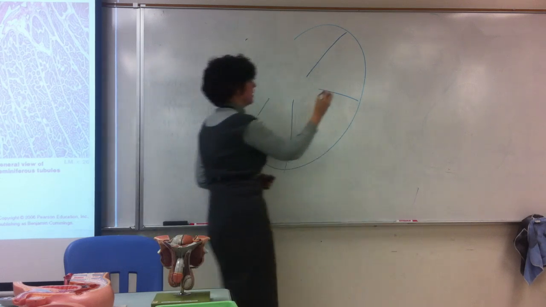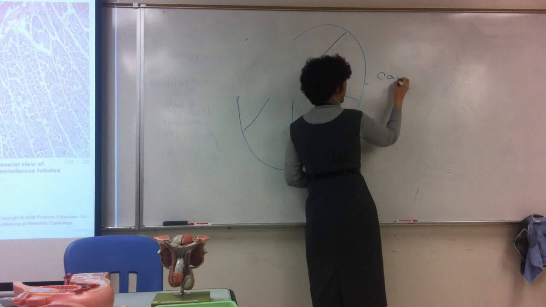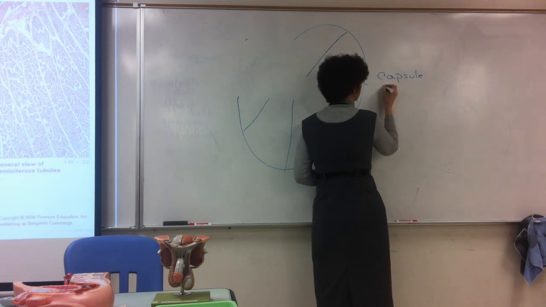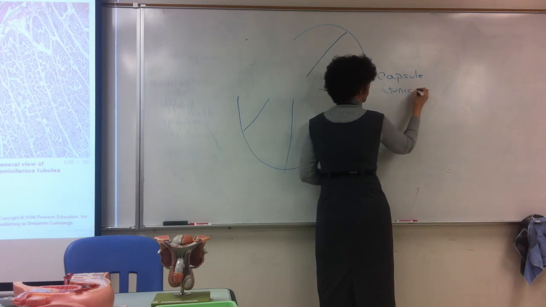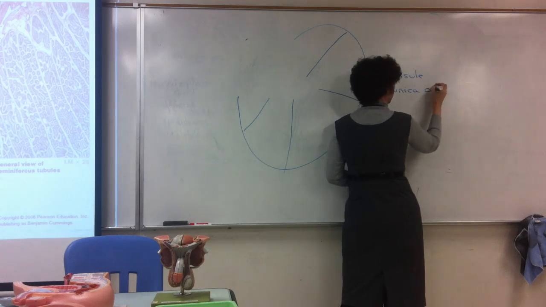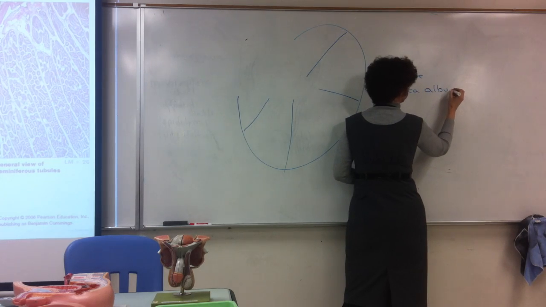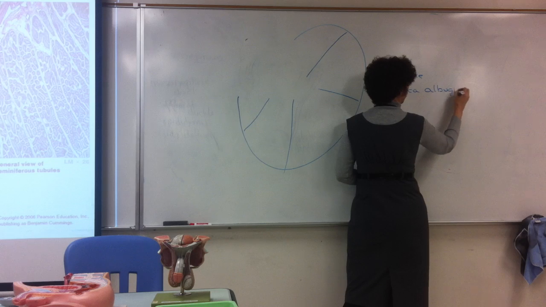So this capsule is known as the tunica albuginea. Tunica means coat, and albuginea, like albino, is white.